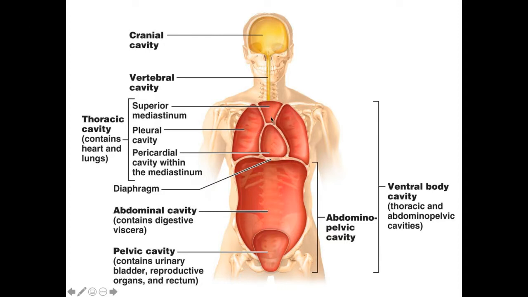That space is the mediastinum. The thoracic cavity is where the mediastinum is, but it's also where the pleural cavity and pericardial cavity are. Peri means around, cardial is for heart, pleura is lungs. Here's the abdominal cavity, and here's the pelvic cavity. The pelvic cavity is where the bladder is and the reproductive organs, etc.